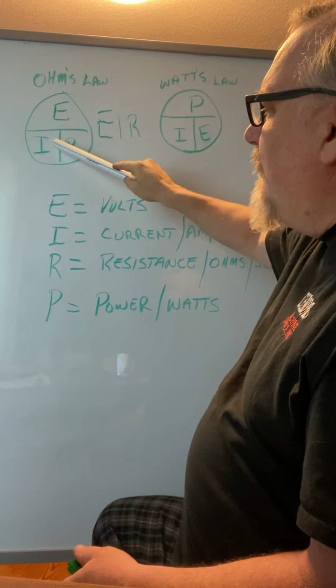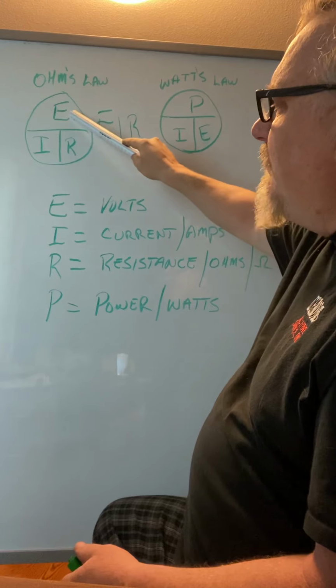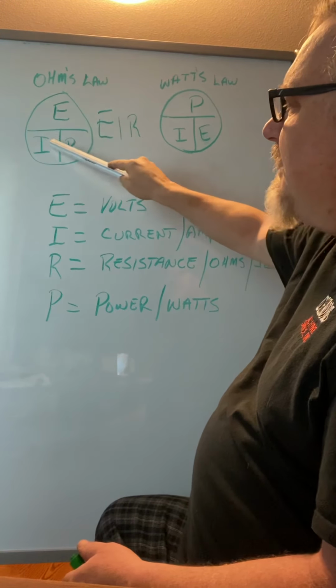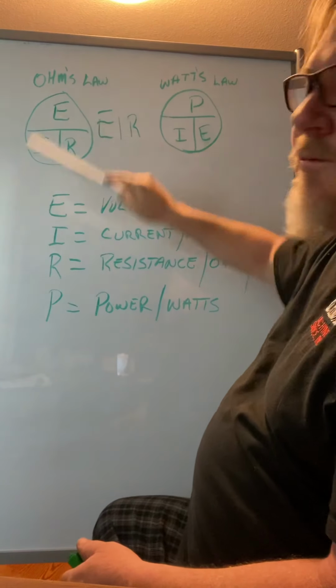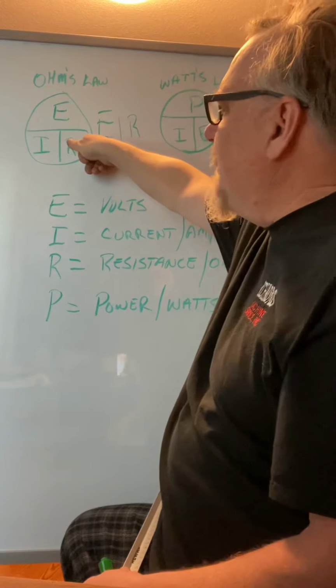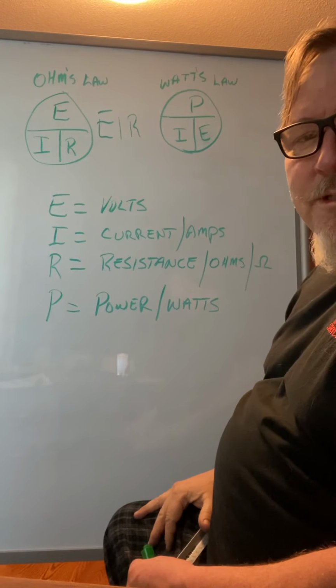If you want to find out what the current is, you take the voltage and you divide that by the resistance. If you want to find out what the voltage is, you can take the current and the resistance and multiply those two, and it will tell you what that is right there. And the old trick is to put your thumb over the information you want to see, and it will give you the formula for what you need.